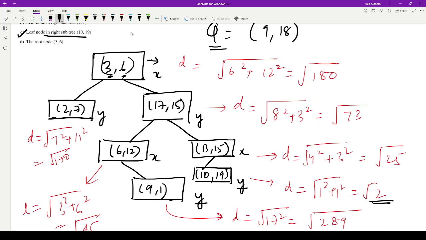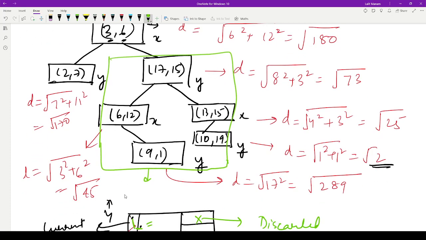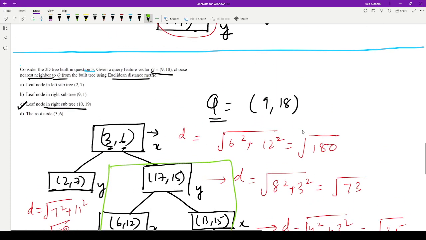Right subtree in the sense they are considering this part as the subtree. I hope this question has given some idea about how to deal practically with feature matching.